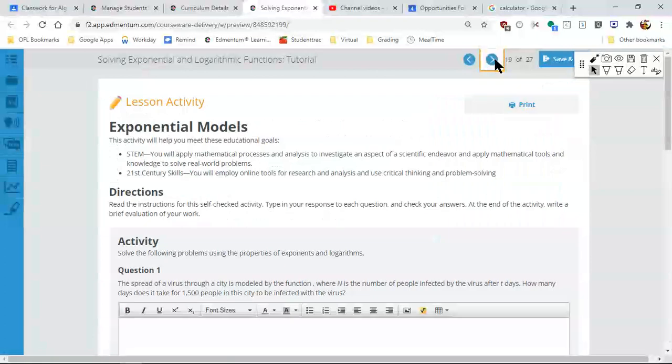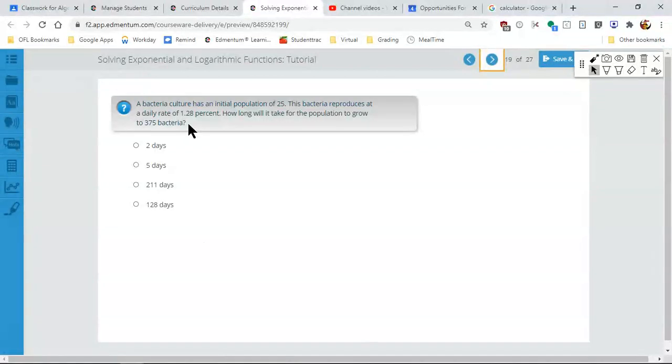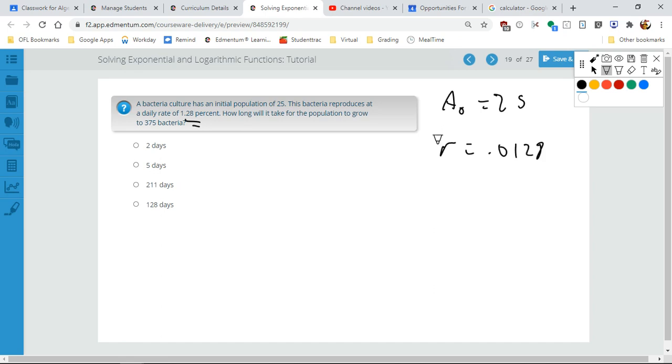Okay, cool. So now initial amount. So our A sub 0 is 25. Our r is a percent, so we want to change it to 0.0128. You always want to change it to a decimal. How long will it take for it to grow?